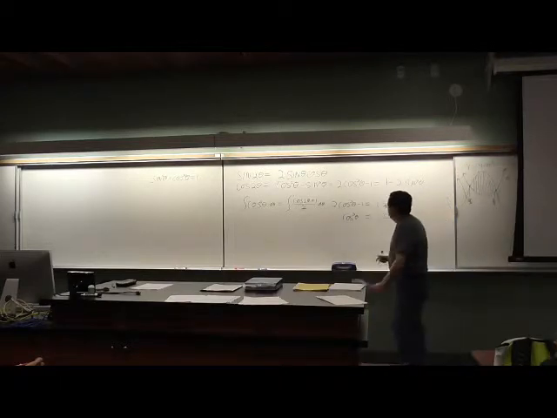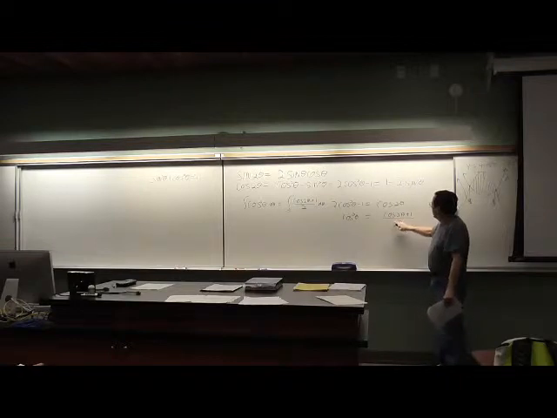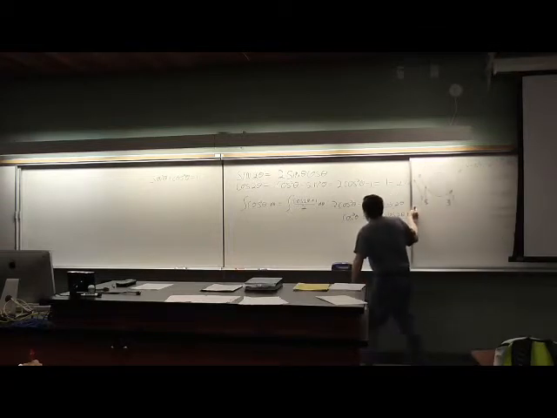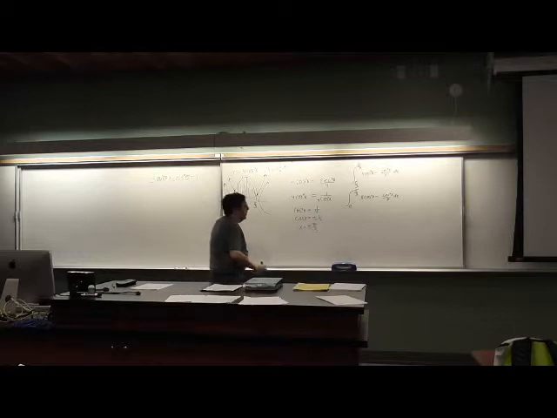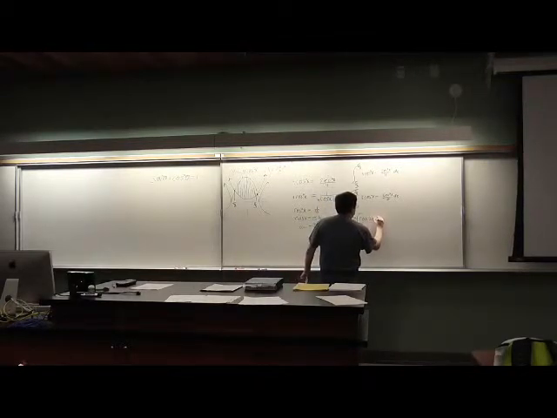We're going to have cosine squared, and we're going to replace it by cosine of 2 theta plus 1 over 2. Right? Otherwise, we don't know what to do with it. So, all right, we have 8, and then cosine 2x plus 1 over 2.